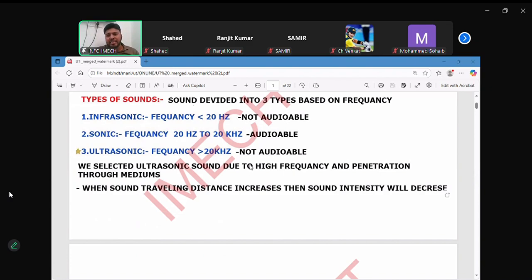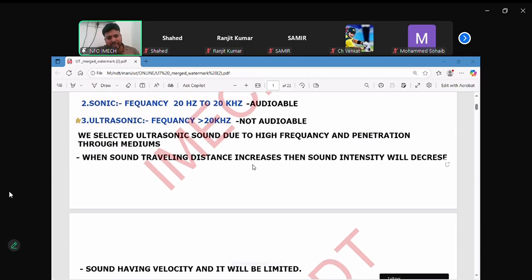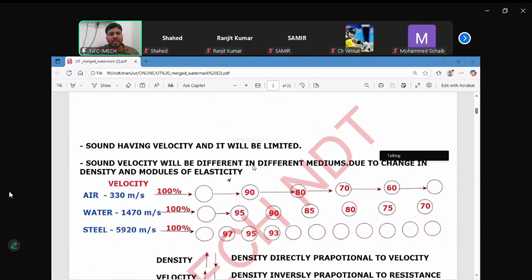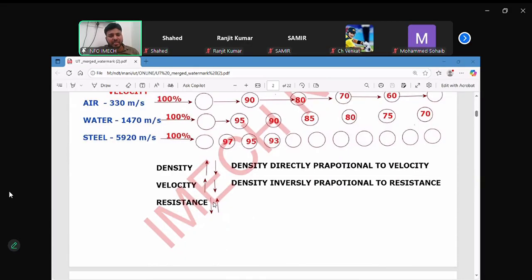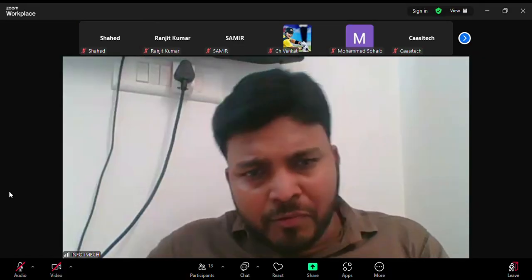As sound traveling distance increases, intensity decreases. We already discussed that. Sound has a limited velocity, and it will be different in different mediums. I have already given the example. So density and velocity matter, and resistance also matters, guys. Resistance means opposing force, very simple.